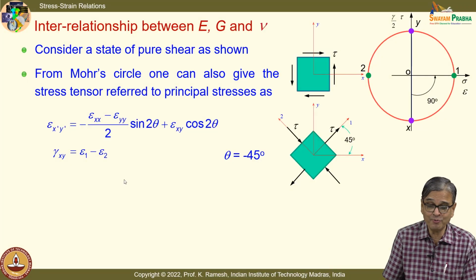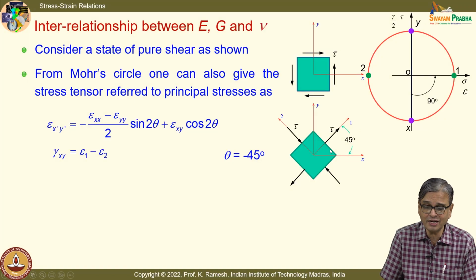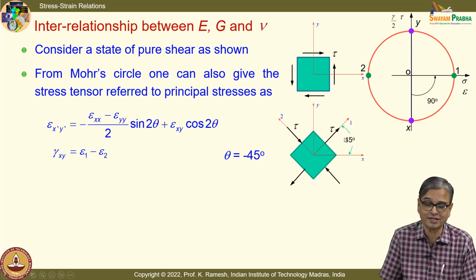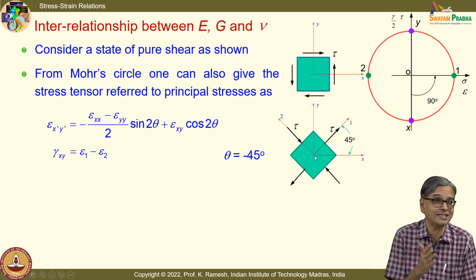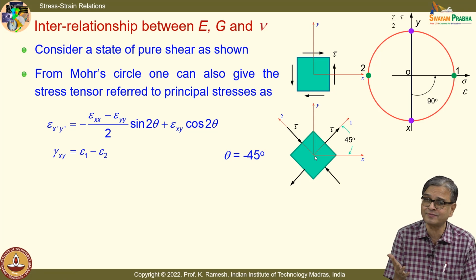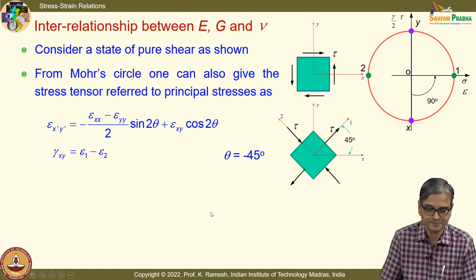Now, I am looking at the stress quantities which are tau and minus tau. You should keep track of what is the stress state that we are having. So, I can also write epsilon 1 and epsilon 2 in terms of normal stresses. Let us see those expressions.